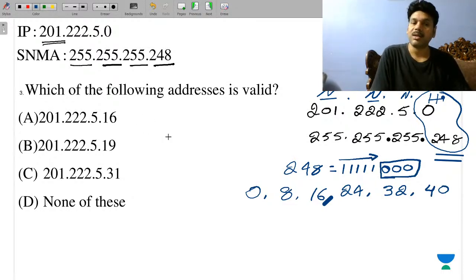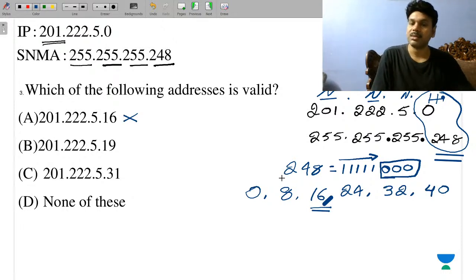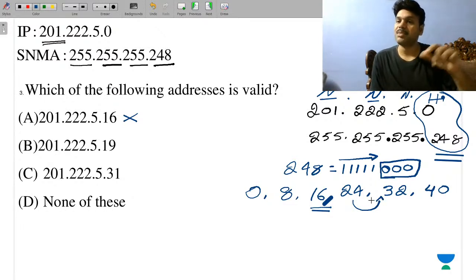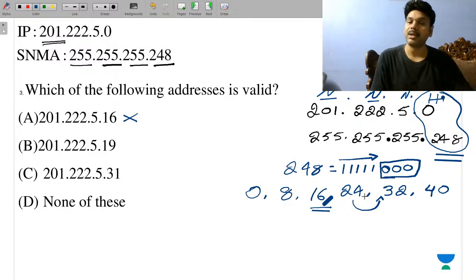Now you see that 16 is your subnet ID. You cannot use it as a normal IP. And 31, please understand carefully: this subnet broadcast address is 31, because the next subnet ID is 32. The number before it is the broadcast address of your previous subnet.